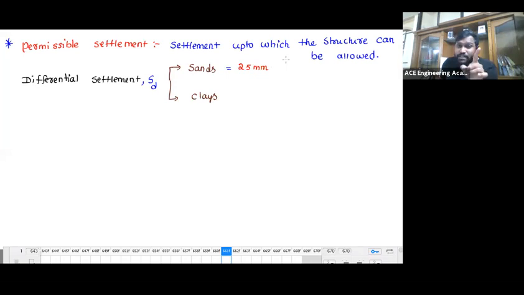So in the case of sand, you can allow the difference between the footings up to 25 mm, which is 2.5 centimeter. 1 inch is nothing but 2.54 centimeter or 25.4 mm. So this much settlement you can allow between two footings when you construct on a sandy soil. And you tell me, does a clay soil have more or not?